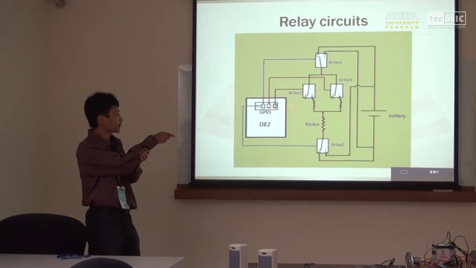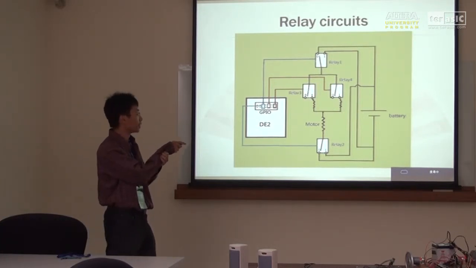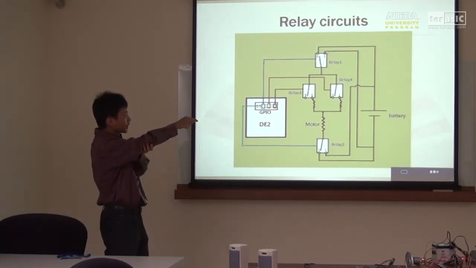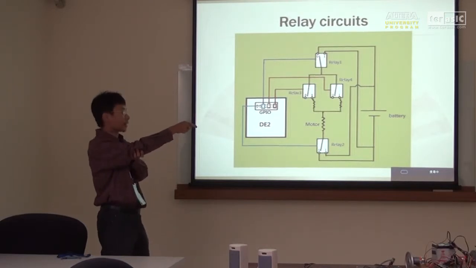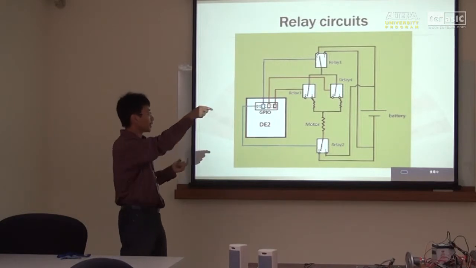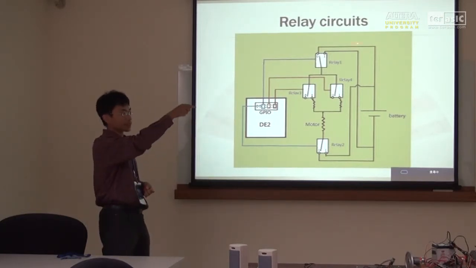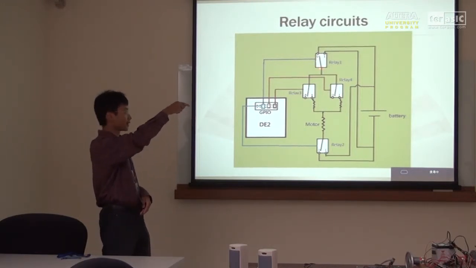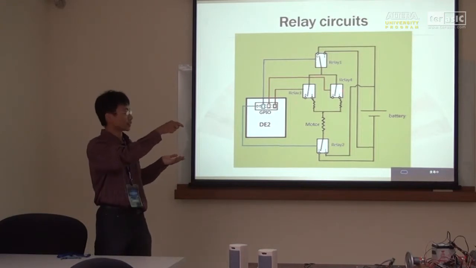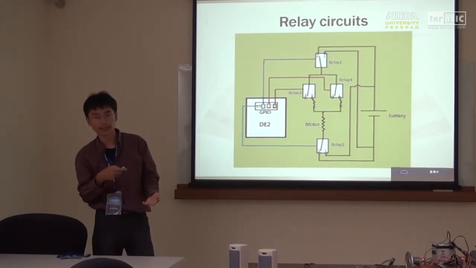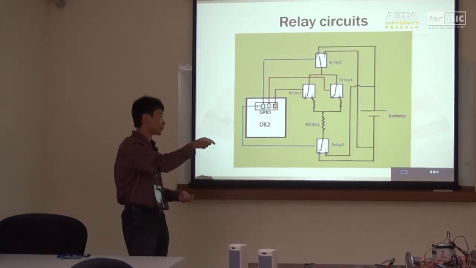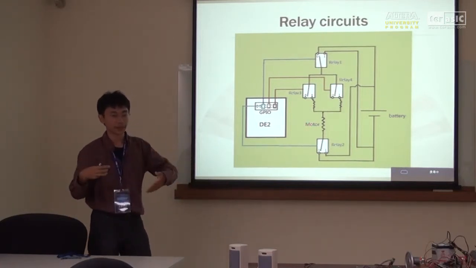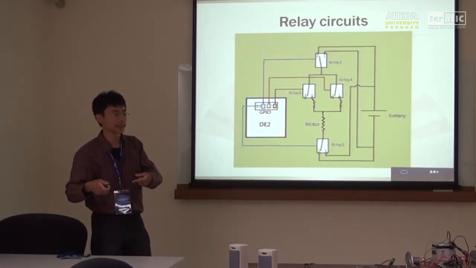Okay, then let's see relay 3 and relay 4. If both relay 3 and relay 4 are connected to one side, then we see this circuit, where the motor is connected in series with a smaller resistance, and then the motor will have a larger current, and we will go faster.